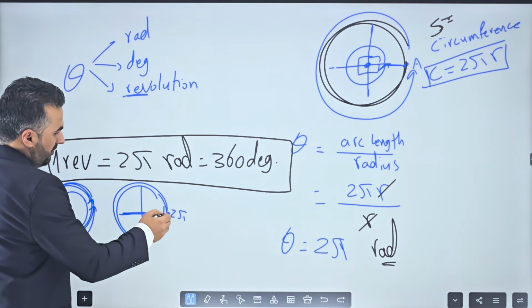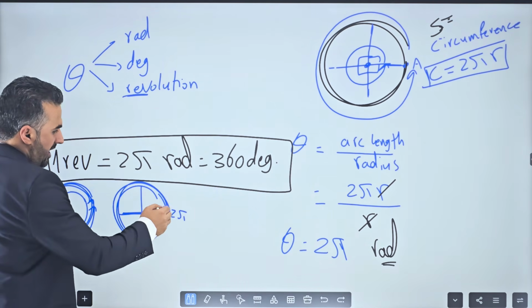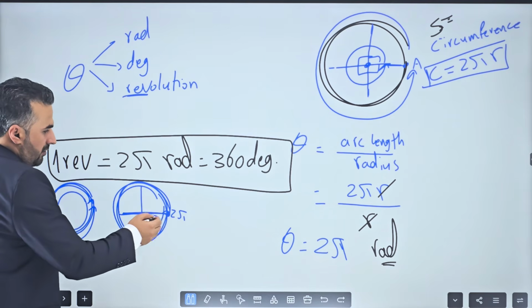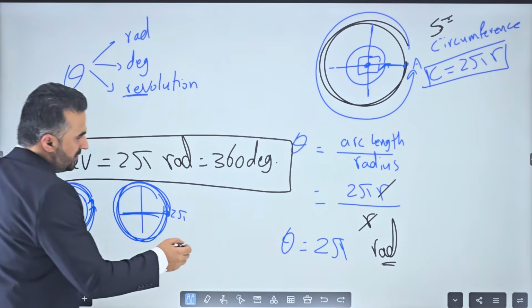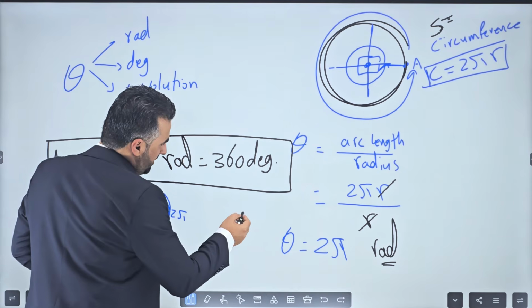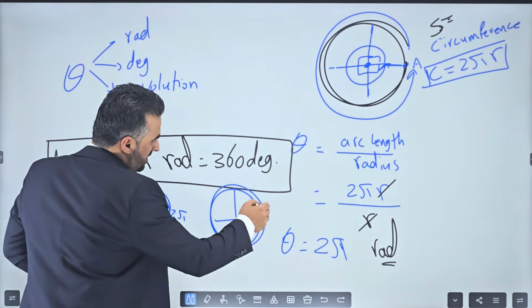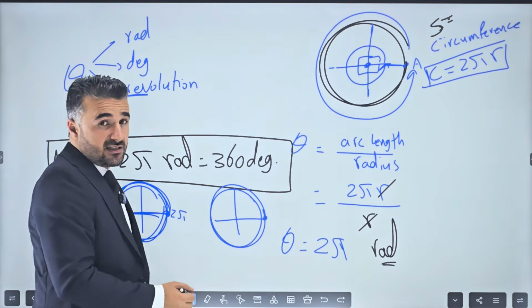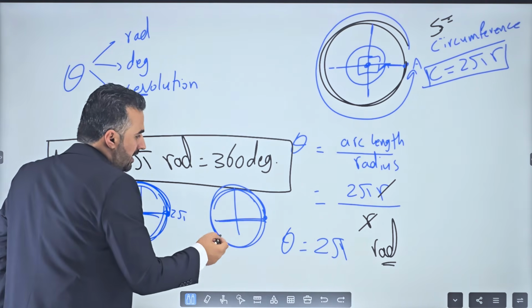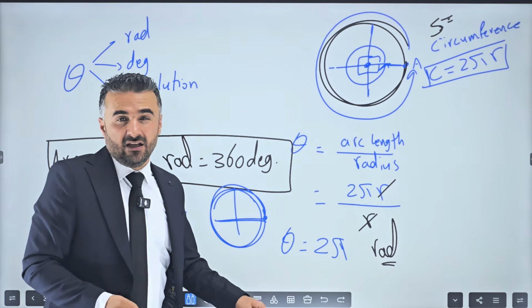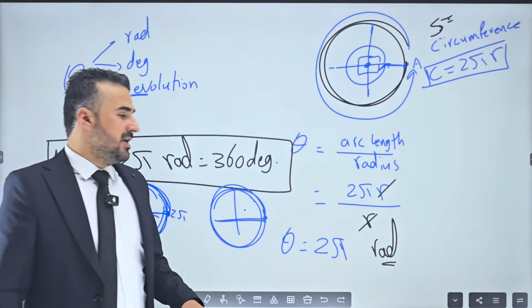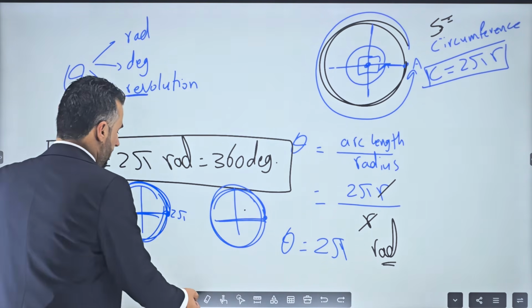So if it is going to start from this point all the way back to this point. But if it is half a circle, that'll be 1 pi, and of course, you can take less than half as well. But if it is in degrees, we know that if it is 1 full circle, that is going to be 360 degrees. What if it is half a circle? That is obvious, which is 180. If you take a quarter of a circle, that is 90 degrees, and so on and on.